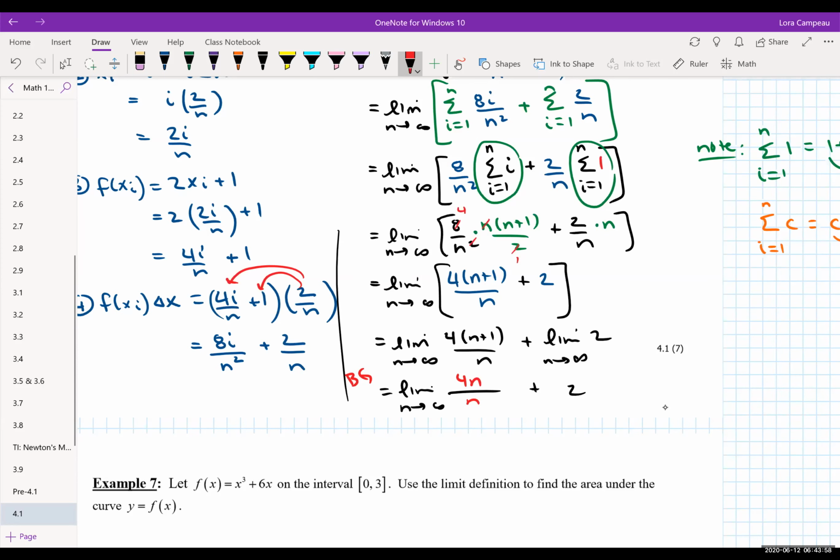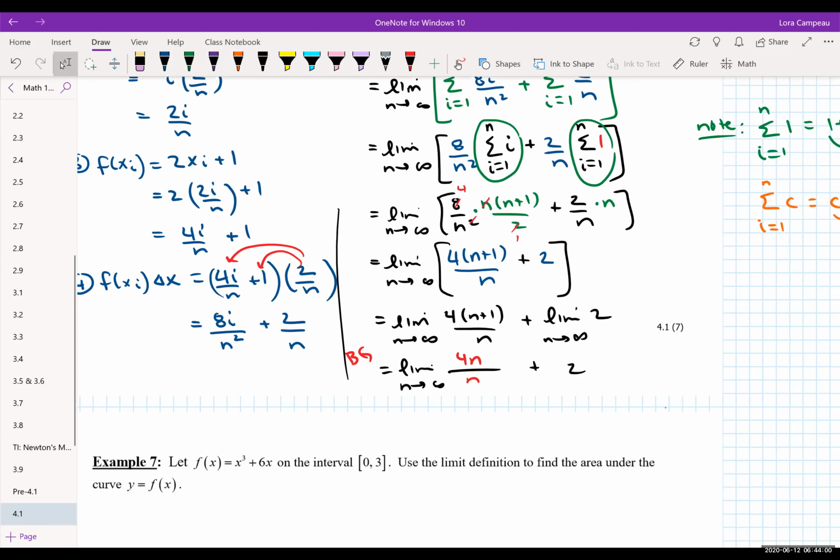If we were going to reduce out, what happens? The n's divide out. And so what we get is the limit as n approaches infinity of 4 plus 2, which is equal to, the limit of a constant is 4. 4 plus 2 gives us 6 square units because we are dealing with area.